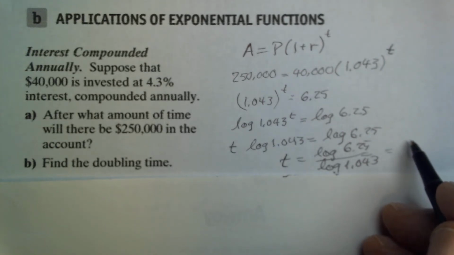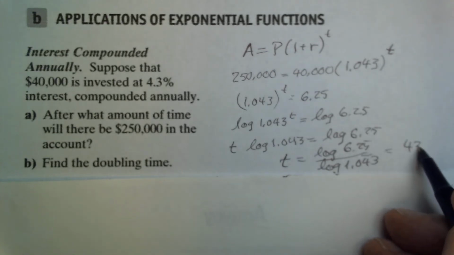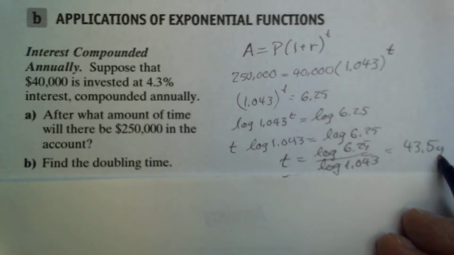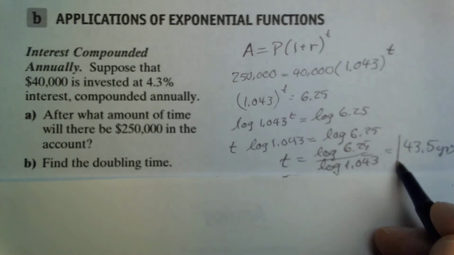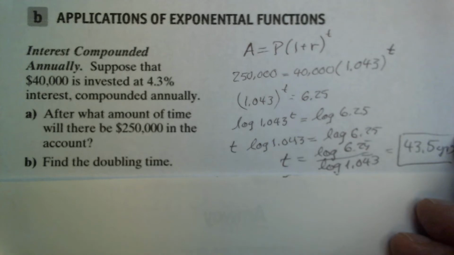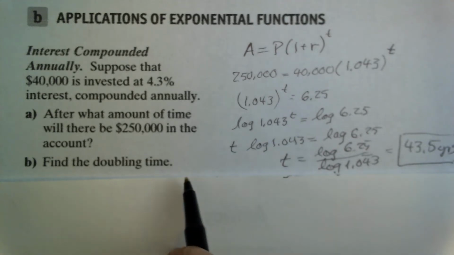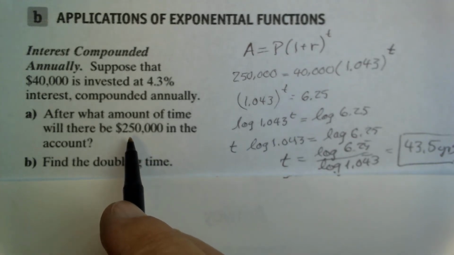And that is about 43.5 years. So after 43.5 years, the amount will be $250,000.